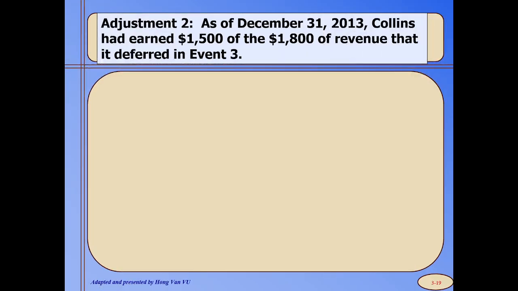The second adjustment is December 31st, 2013. The company has earned 15,000 of revenues that it deferred in event 3. It means that they received the money in advance, but now they perform the service.